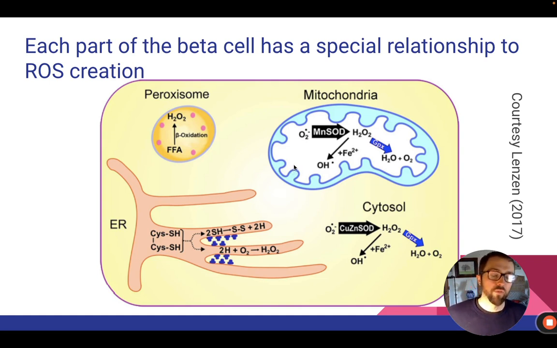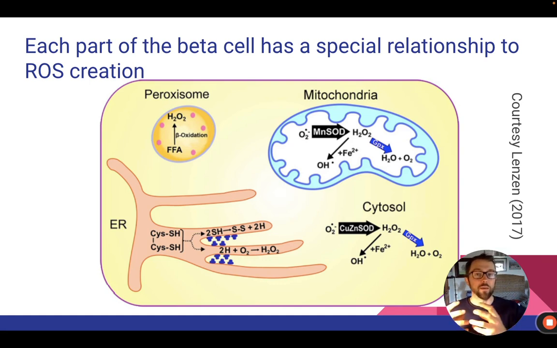But like we mentioned before, hydrogen peroxide is the preferred ROS because of how stable it is. So our body has an enzyme in place called manganese superoxide dismutase. And so this SOD, this superoxide dismutase, is something that takes that superoxide anion and turns it into hydrogen peroxide.